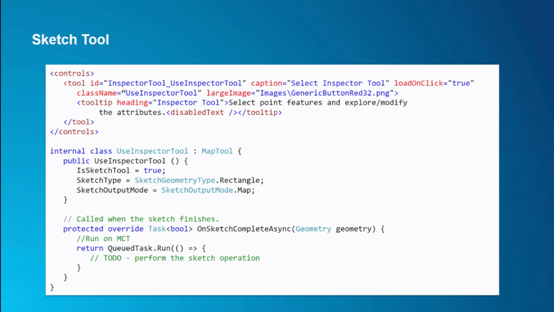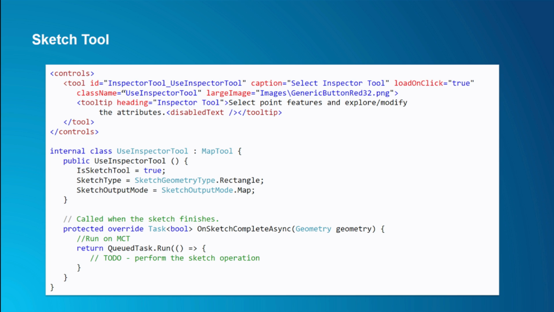We're starting out very similar to the construction tool. We're inheriting from the base map tool. So we have the tool ID, captions, the classes where the tool lives. Nothing special here. If we look at the code a little bit further down, we're also specifying that we would like a display feedback.